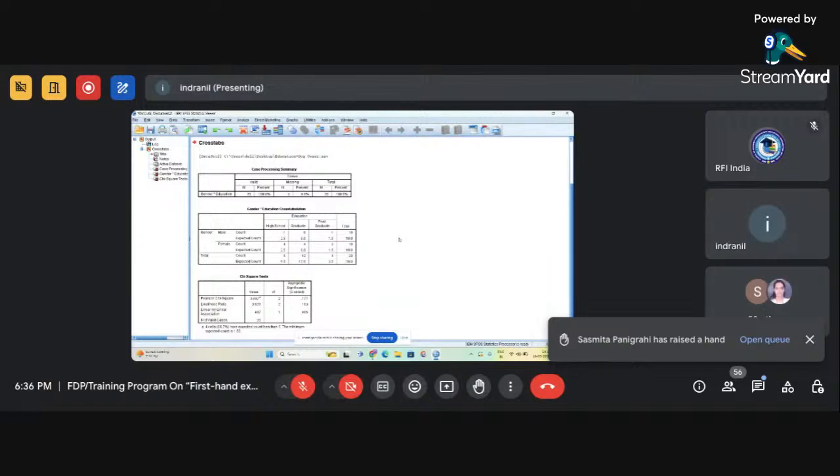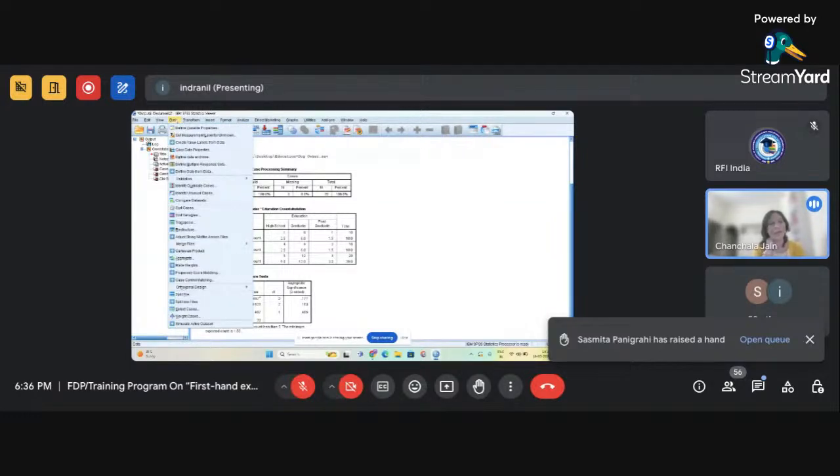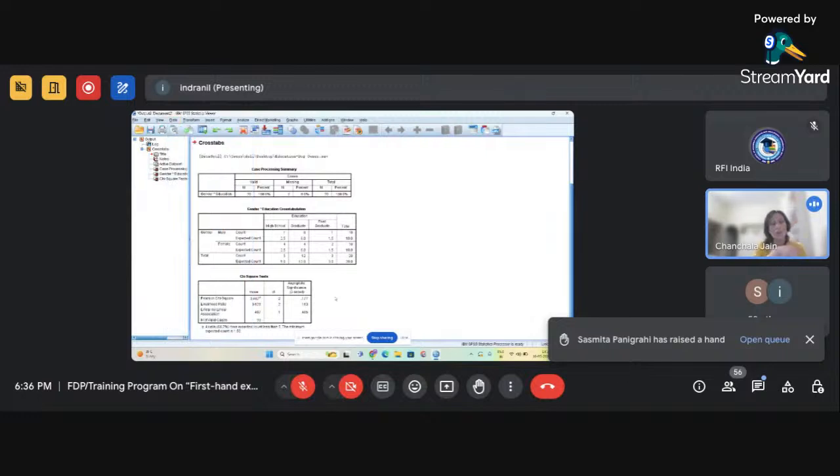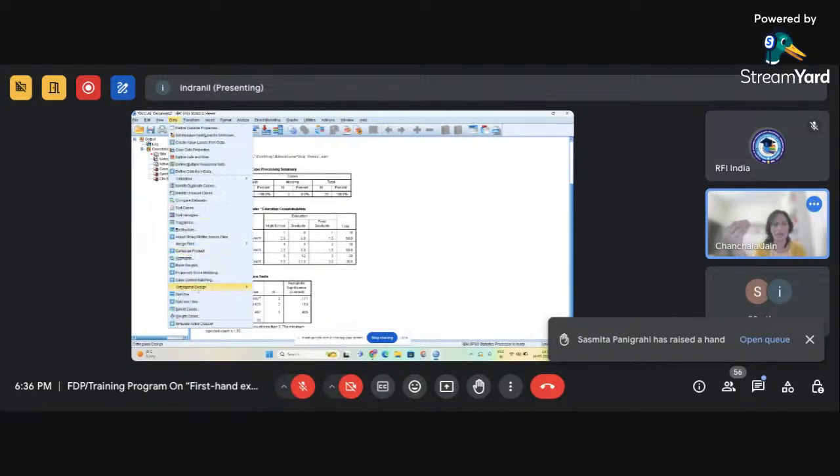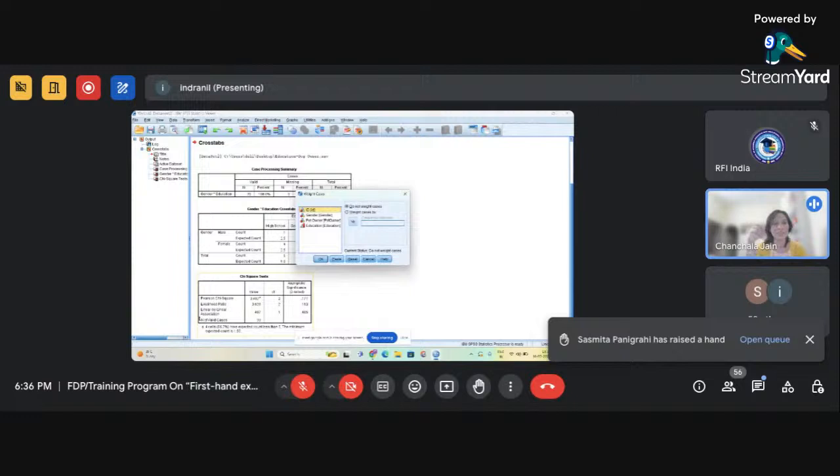This is a rule: when you are having a 2 by 2 table, meaning 2 categories in the row and 2 categories in the column variable, SPSS gives you Fisher's exact test by default. But when this combination changes, here you have 3 levels in education, so your table is now 2 by 3 or 3 by 2, right? Yes, ma'am.